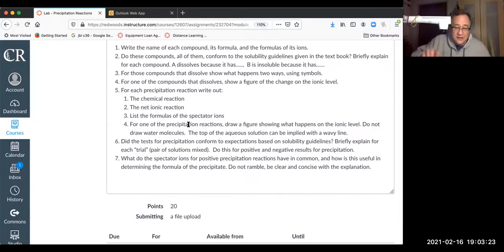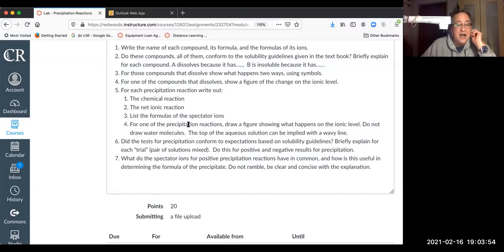Now the drawing, I'm not going to do again. 6, did the tests for the precipitation conform to expectations based on solubility guidelines? So you want to look at those solubility guidelines and ask yourself, okay, did these things precipitate because they're not mentioned in this solubility guideline? That type of thing.